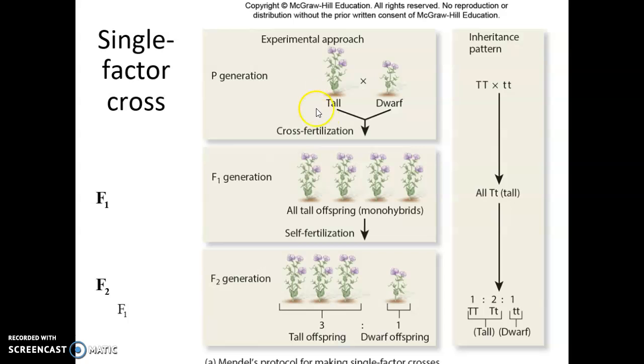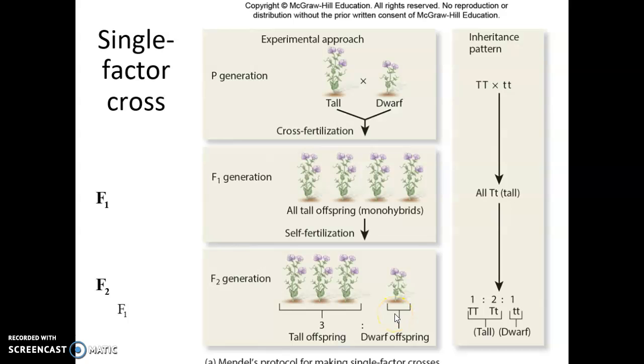And so it looks like all of the children have the same phenotype as one of the parents. But now what he does is he self-fertilizes. So we'll take one of these plants and cross it with itself. And then he has what we might call the grandchildren, the F2 generation. And look what happens. Voila, the dwarf has returned.